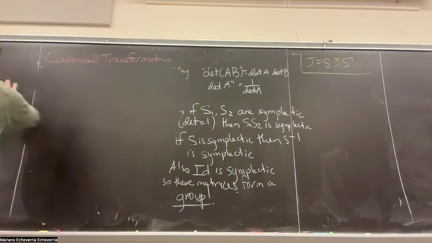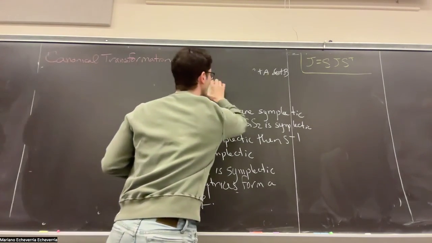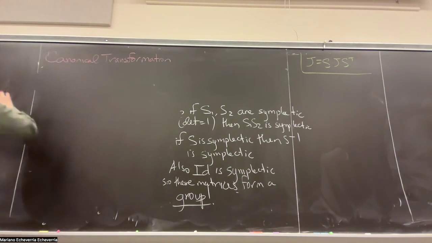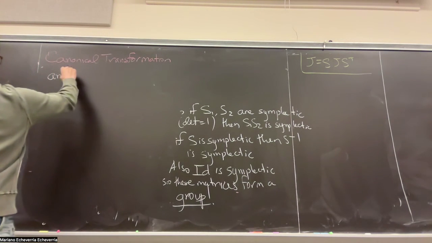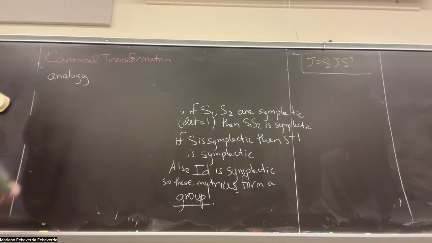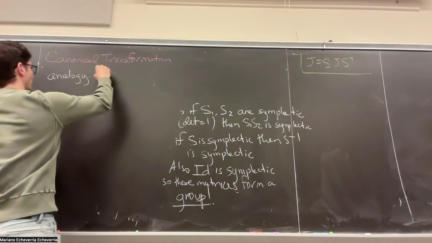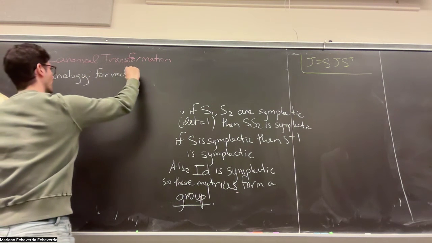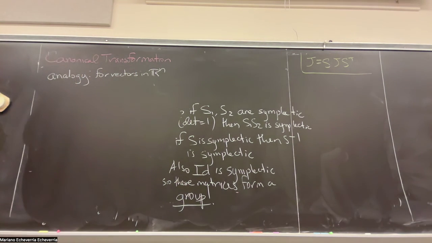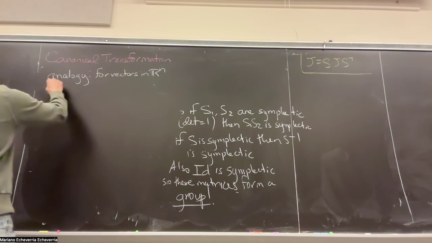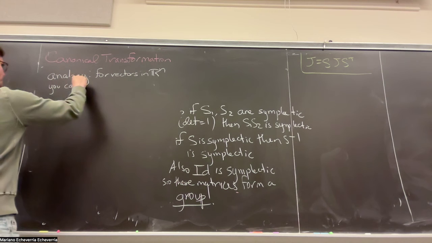So here's an analogy way to think about what we're doing. For vectors in Rn, you can define the dot product, and you can think about it as a bilinear form.